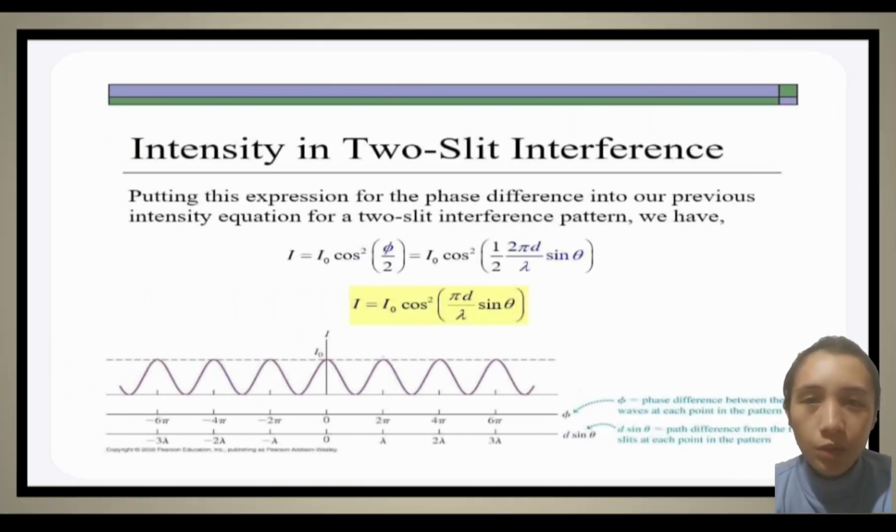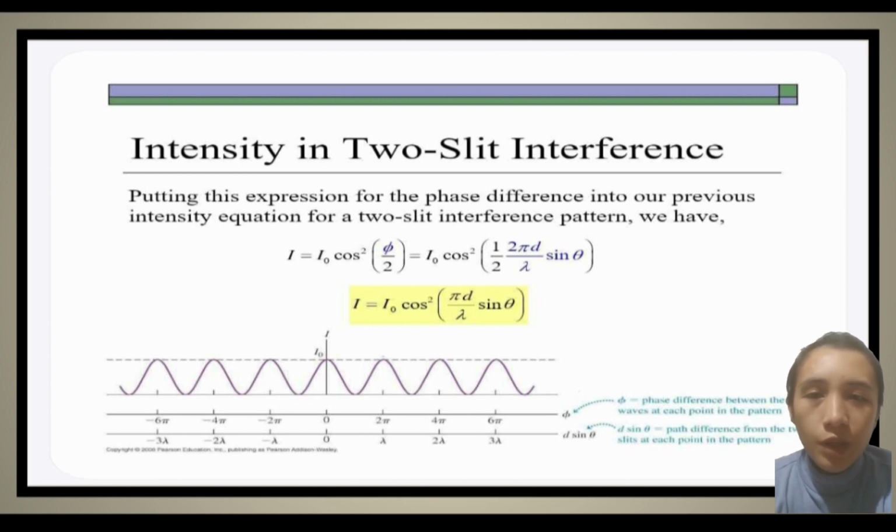Putting this expression for the phase difference into our previous intensity equation for our two-slit interference pattern, we have the resultant intensity equal to the maximum intensity times cosine squared of the phase difference over 2, which equals the maximum intensity times cosine squared of 1/2 times 2 pi d over the wavelength times sine theta.